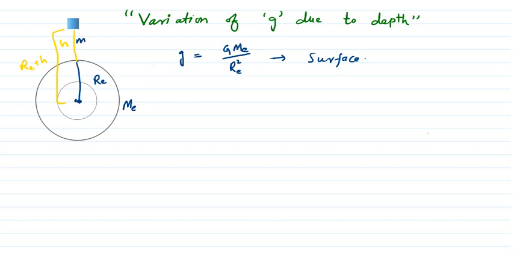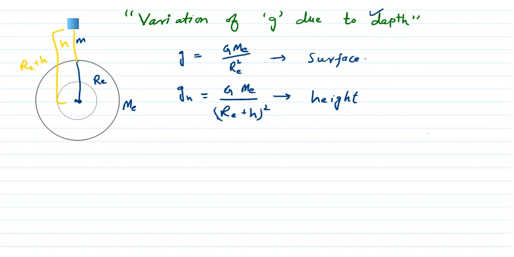So we can say that small g at height h will be equal to G Me divided by Re plus h, whole square. Now we can call it g at height h. But we are interested in depth, so that is the topic of today.